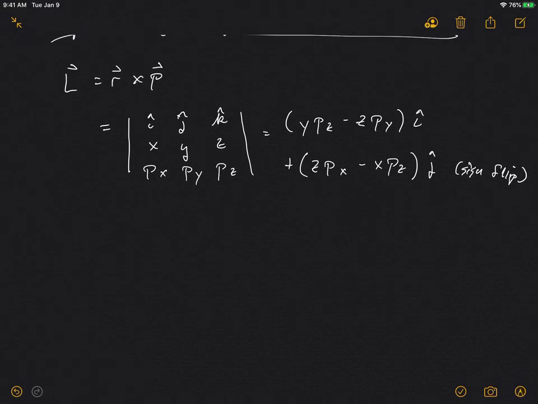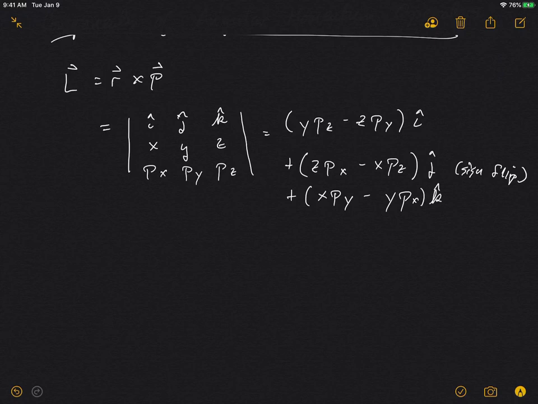And if you don't know what I'm talking about here, I encourage you, if it seems unfamiliar, to take a look at some sort of guide on Wikipedia or something to show you how these cross products work. And then the third term is (x p_y minus y p_x) times the k unit vector.